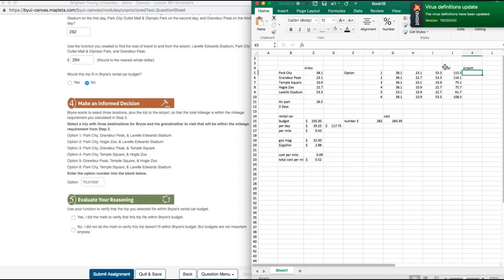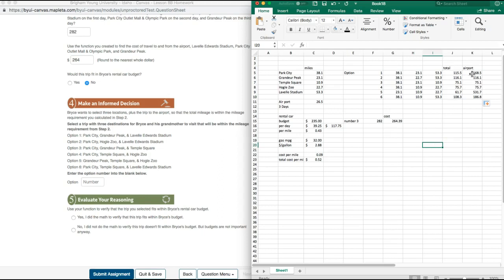So this is not the exact total. We need to make sure that we get to and from the airport, which is equal the airport and back to the airport, and then add my total from all of the activities. I apologize for that. We need all of those added in. There we go. Now we can get back to the airport for each of those.